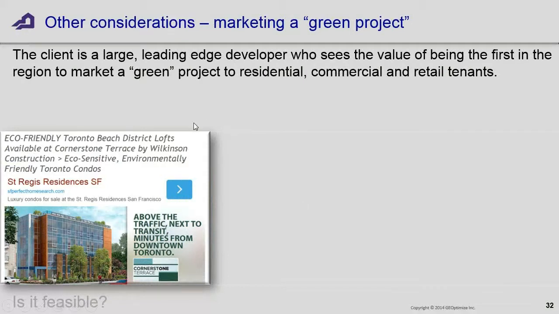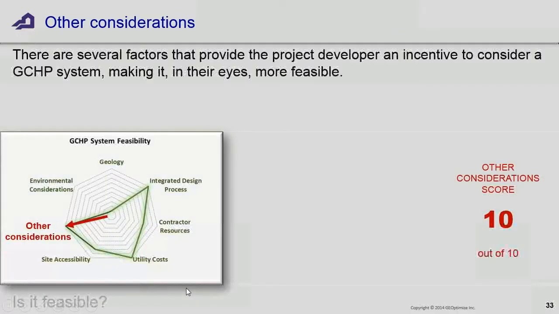Other considerations: I've seen more and more of this kind of stuff, where they were looking at a green, eco-friendly, environmentally sensitive project and selling it as that. Those kinds of things can make it more feasible for the owner or developer to look at doing geothermal systems.